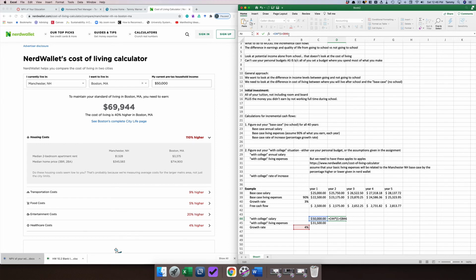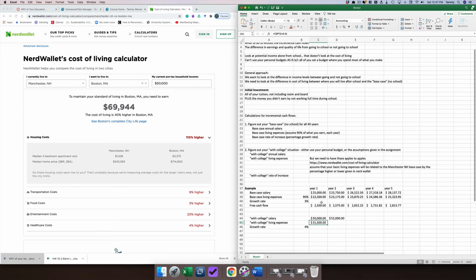And I am going to say, you can argue with this, that because our with college living expenses are growing by 3% up here, which is actually probably closer to a real inflation rate, let's just go ahead and pull this one across without growing our expenses. It'll still grow by the 3% because we are adding on 40% to these, right? And so that should give us our multiple years.